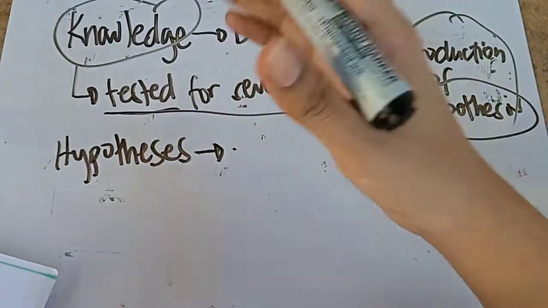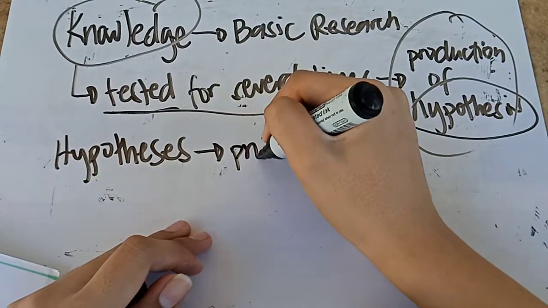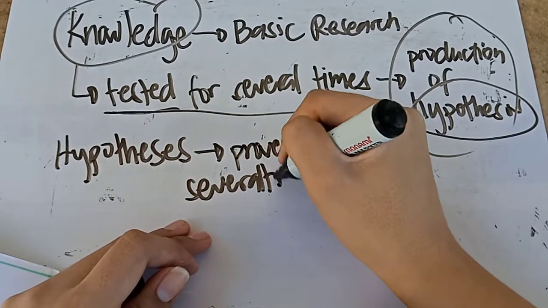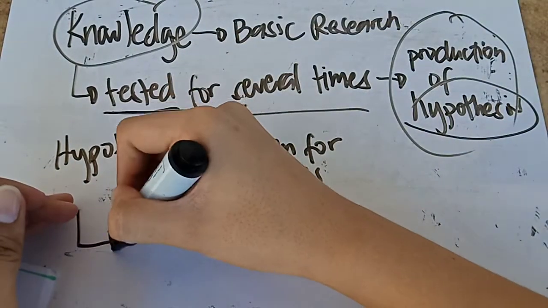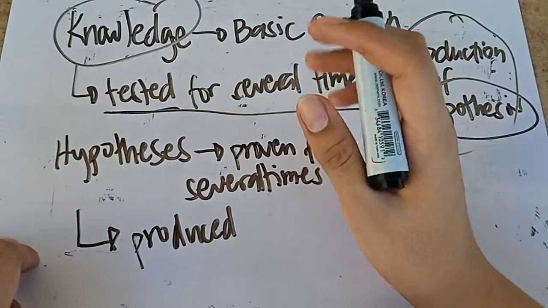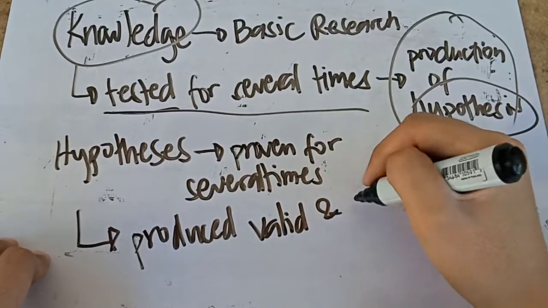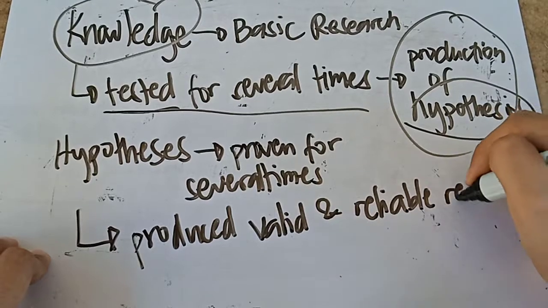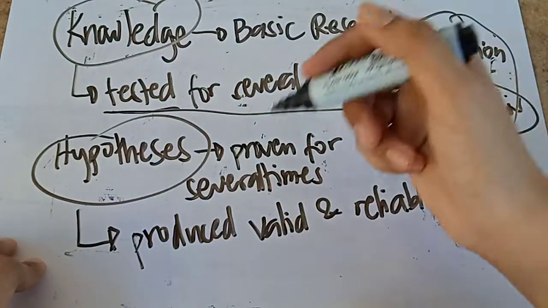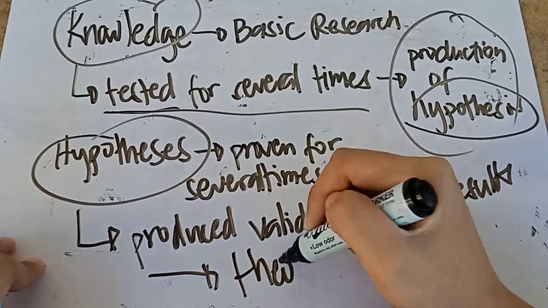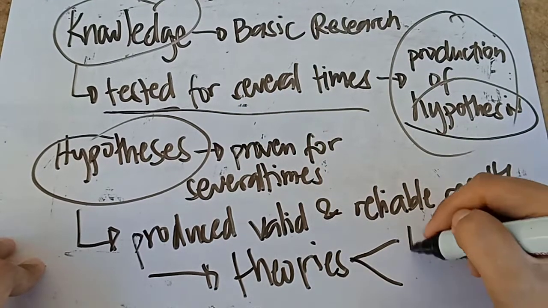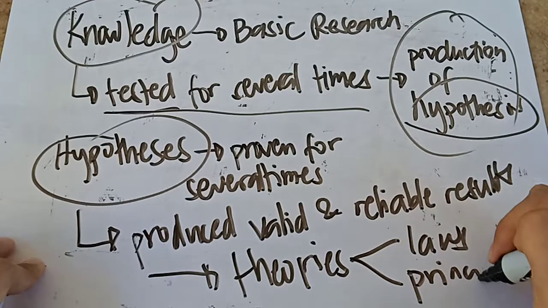If these hypotheses are proven several times, and if they produce valid and reliable results, they will turn into theories. And these theories can be turned into laws and principles.